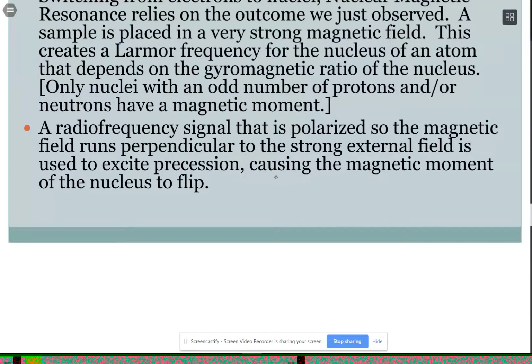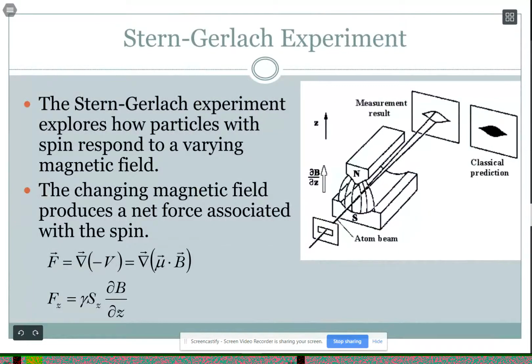So that's what I said. The Stern-Gerlach experiment, you might remember a long time ago when I accidentally quoted the wrong experiment. Stern-Gerlach is an experiment that explores spin and its quantized nature. In this experiment, they have a beam of, I believe, silver atoms that goes into this magnetic region.